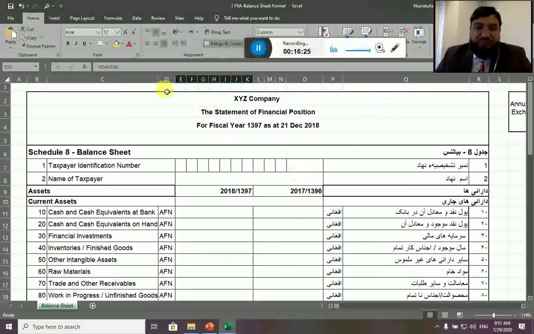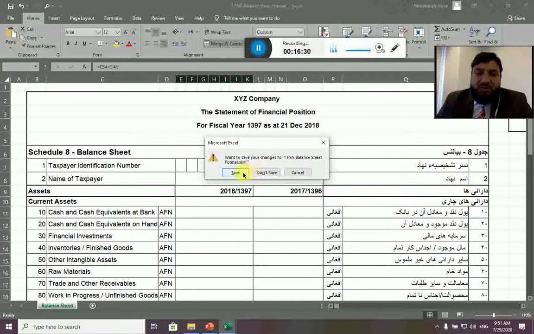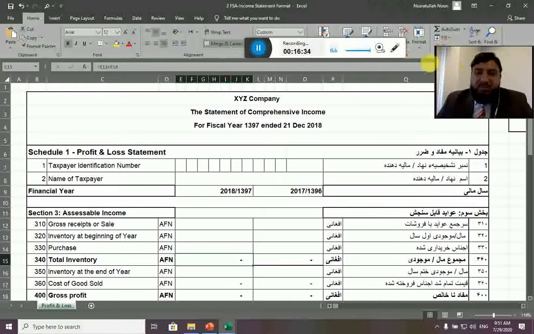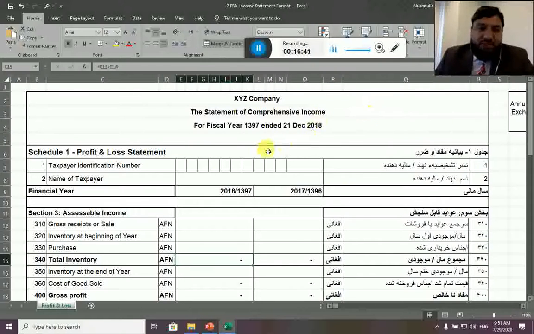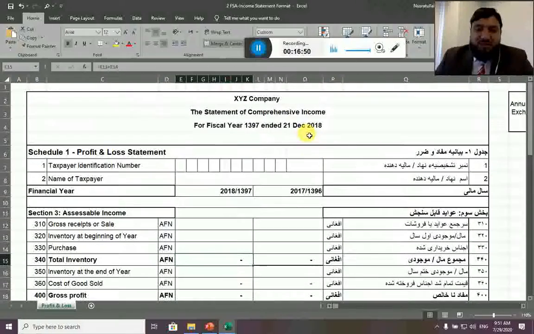Now let's talk about the profit and loss statement, and how it is used. This is also issued by the Ministry of Finance, and all taxpayers are required to fill in their income statement in this format and submit it to the Ministry of Finance, especially the annual income tax return.